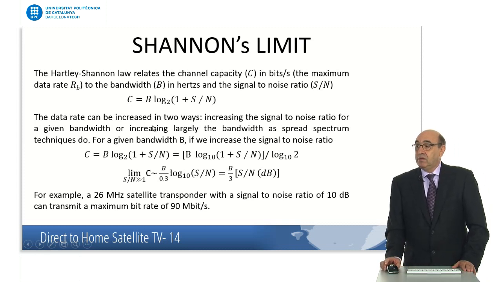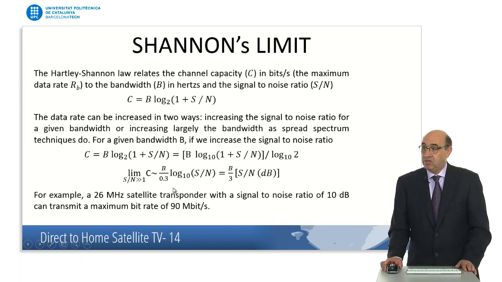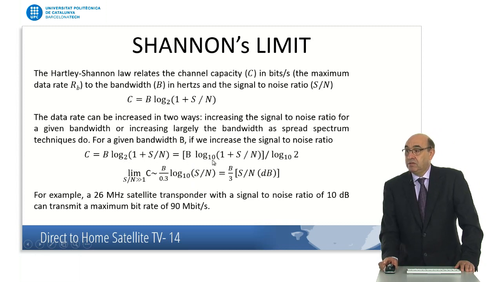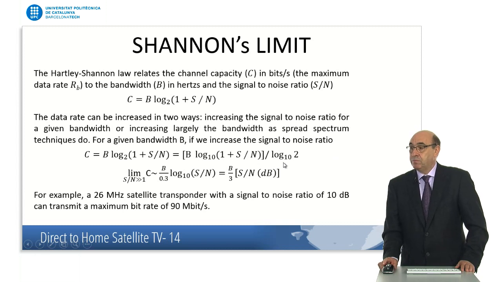Now, let's just write briefly the relationship between the channel capacity and the signal to noise ratio. And this is going to be the Shannon limit. Now, we just change the log 2 scale to decimal logs, and this is what we have to do here, just divide by log 10 of 2.